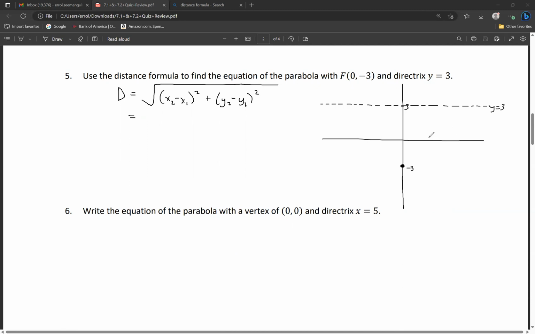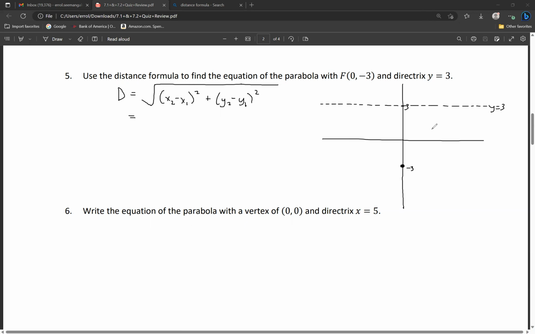All right. Okay, so use the distance formula to find the equation of the parabola with focus 0, -3 and directrix y equals 3. Okay, so do you know which way the parabola is opening? Up, down, left, or right? If it's negative, then it goes down.